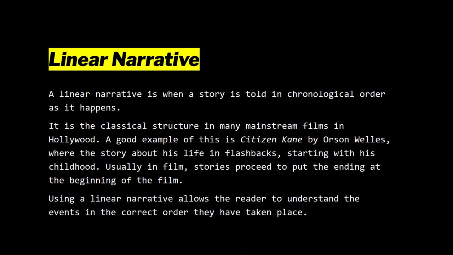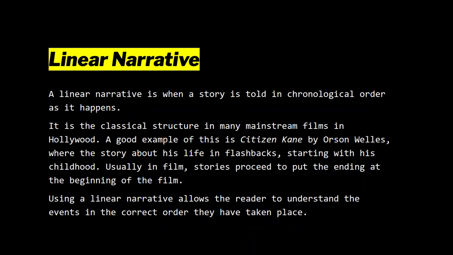And you can see that it's very obvious from the time where his childhood happens to the end, if you have seen the film before. And usually in films, stories proceed to put the ending at the beginning of the film.